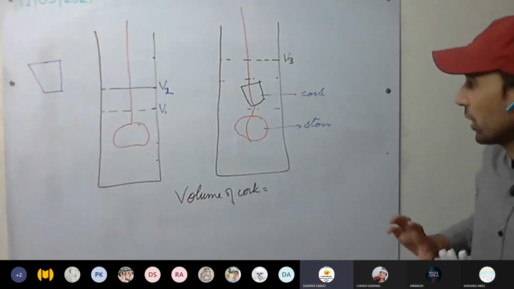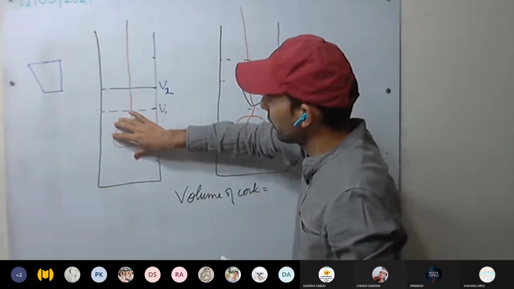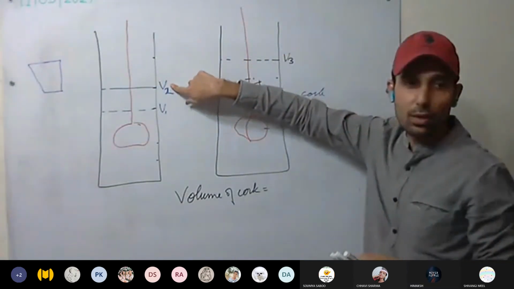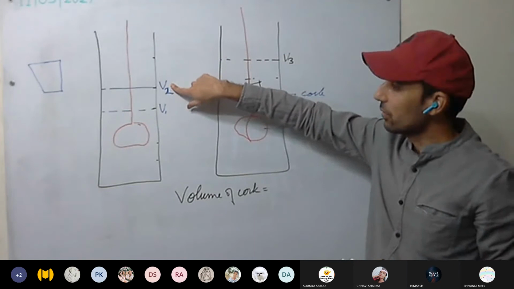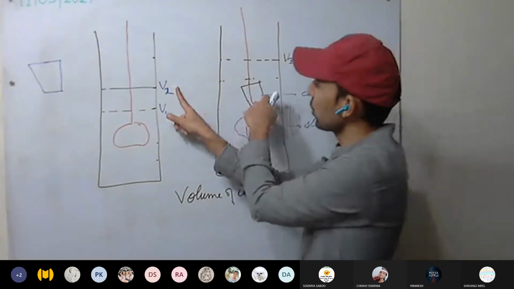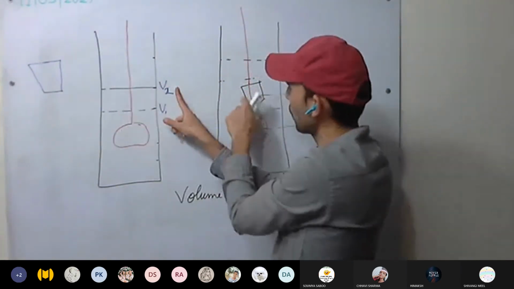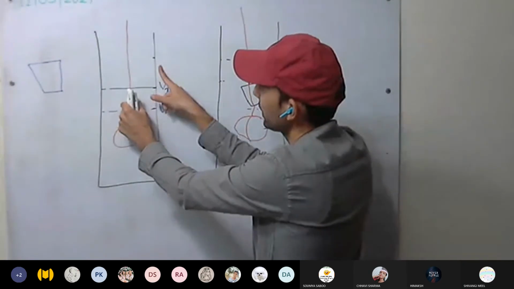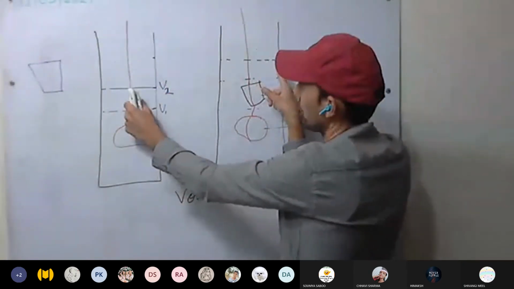See how you are doing it. When we dipped the stone, the volume rose to the V2 level. Now this cork volume we have to calculate. When the cork is dipping, the level is rising to V3. Yes or no?